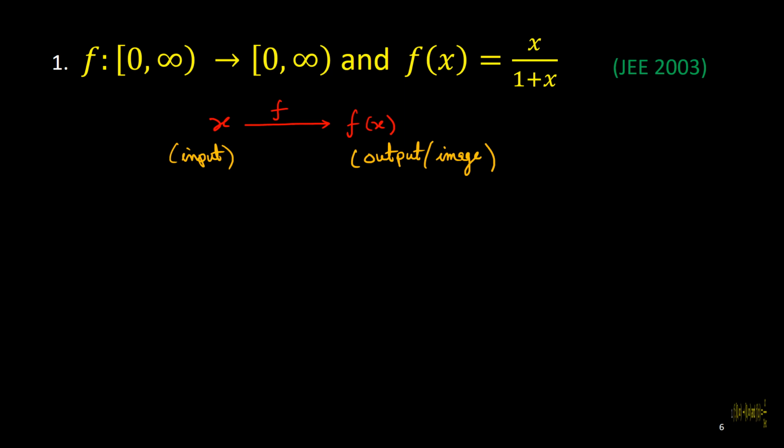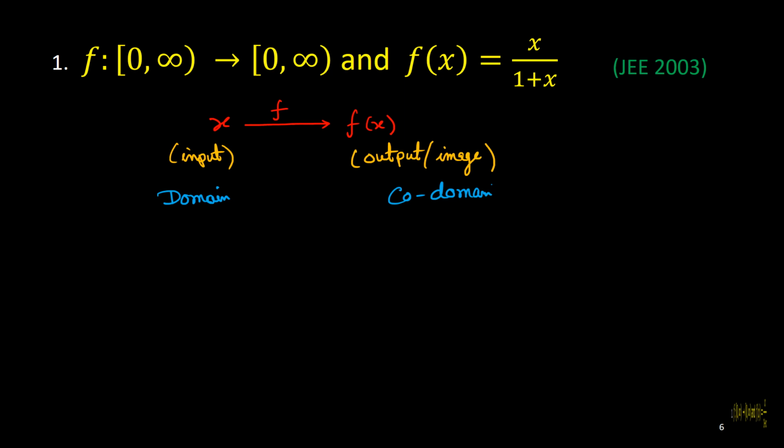The range or interval of the input is called the domain, and this will be called the codomain. So these are the two important concepts: what is the domain and codomain.